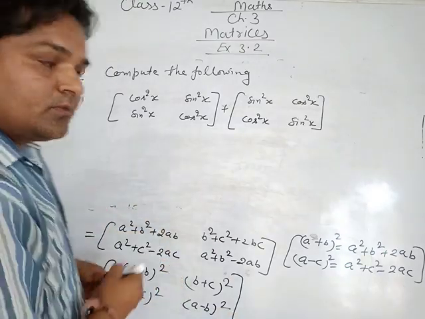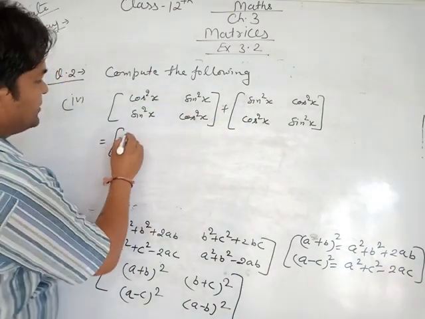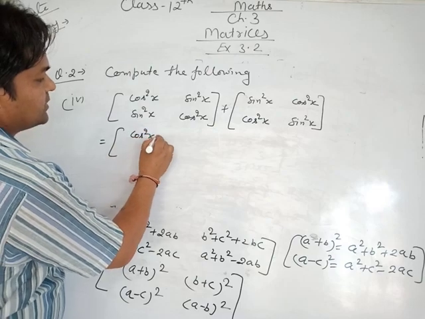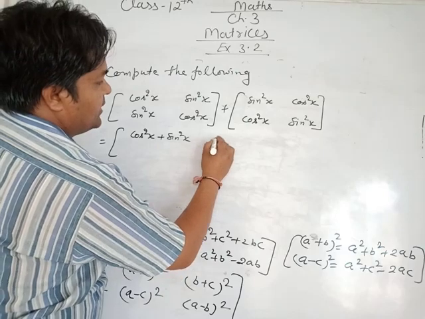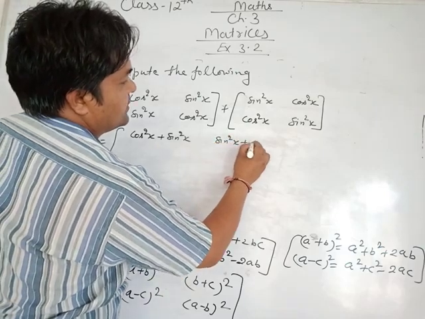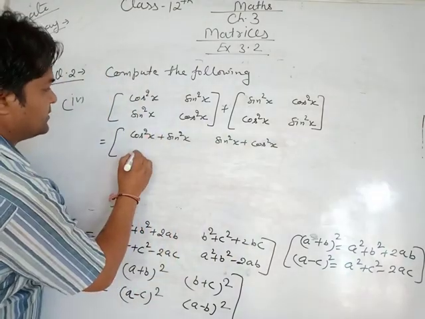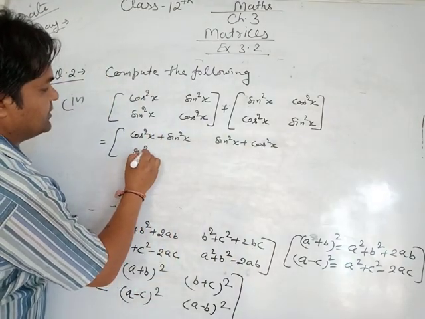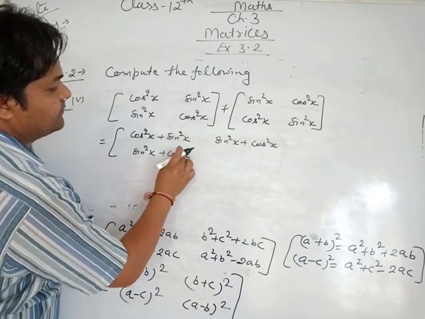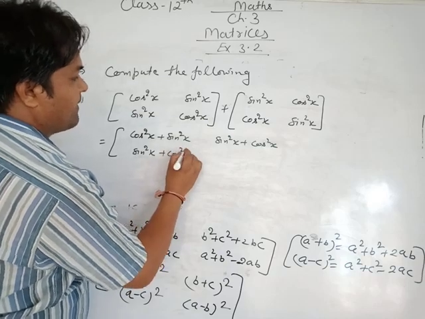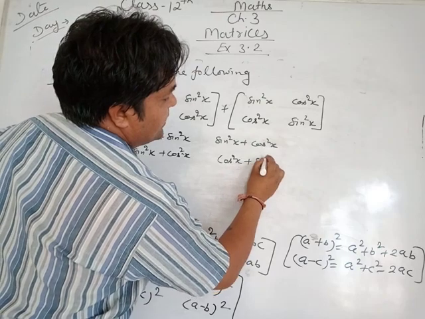So now the first element is cos square x plus sin square x, cos square x plus sin square x. Second corresponding elements sin square x plus cos square x. Next, second row sin square x plus cos square x, and last is cos square x plus sin square x.